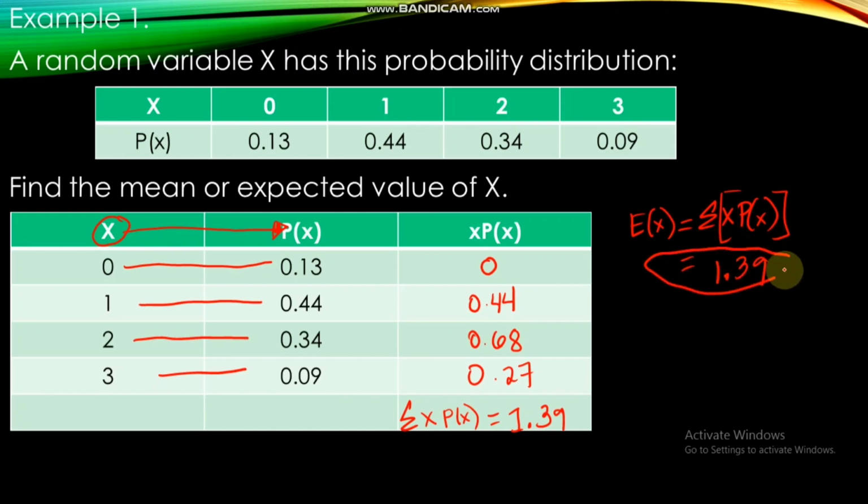So this is the expected value, or this is the mean value. So this is our answer, 1.39.